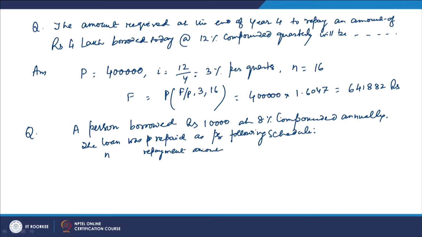In that case, in the first year you are paying 1,000, second year you are paying 3,000, and then you have the third year.